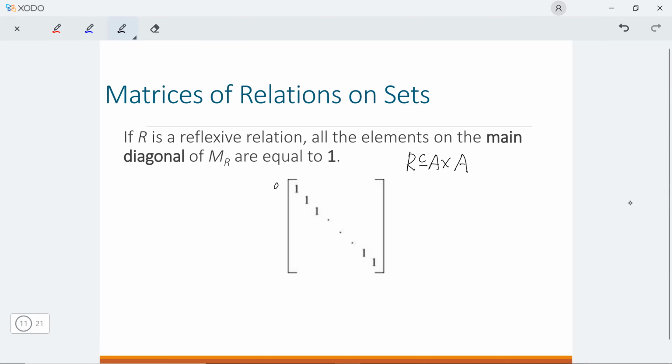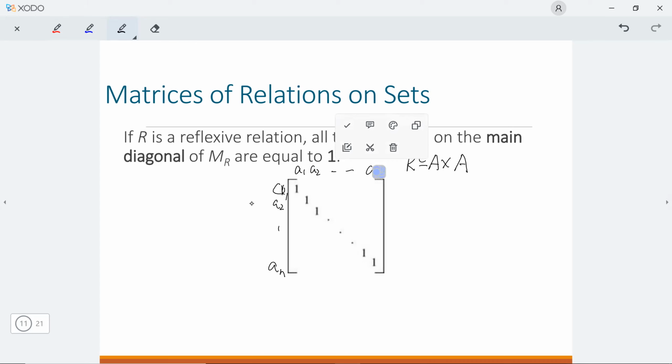Then for each row, this is our A1, A2, A3 until AN, assuming we have until AN. The columns are also the same, A1, A2 until AN. So the diagonal elements mean A1, A1, A2, A2, A3, A3 until AN, AN.